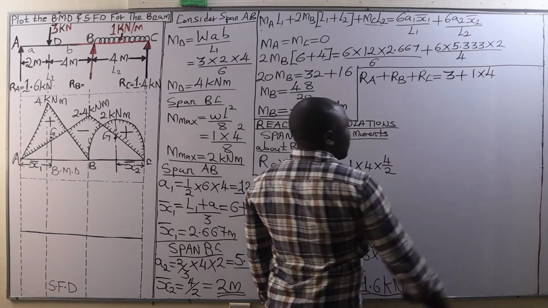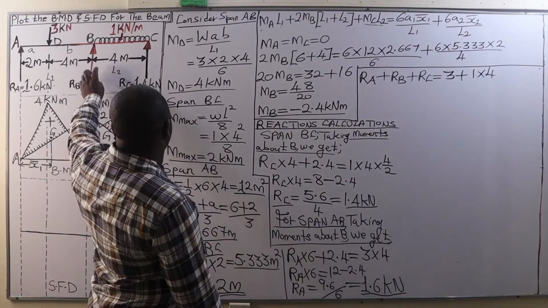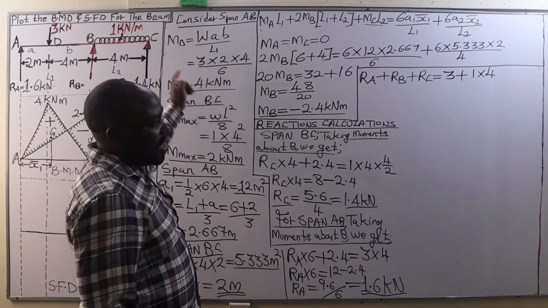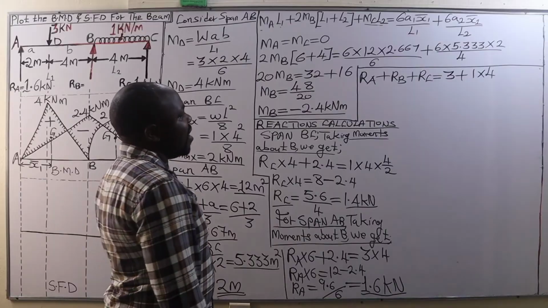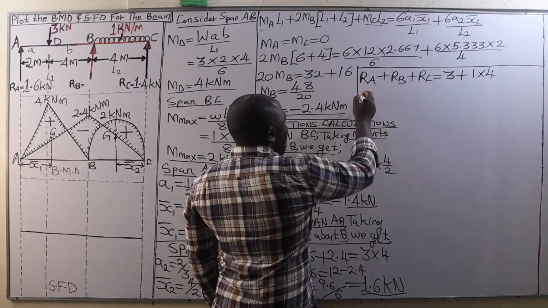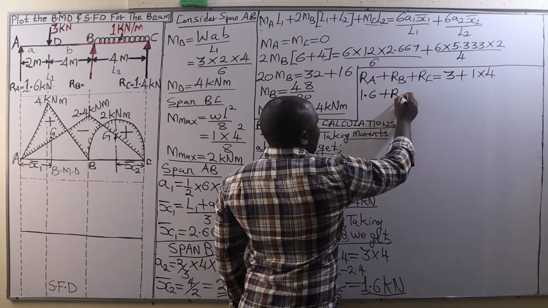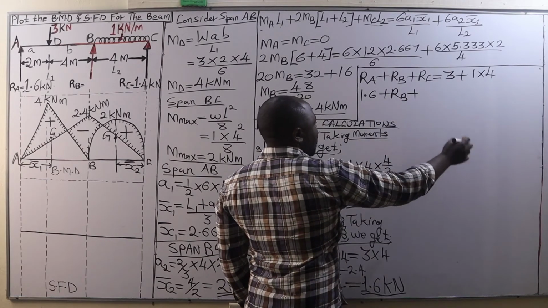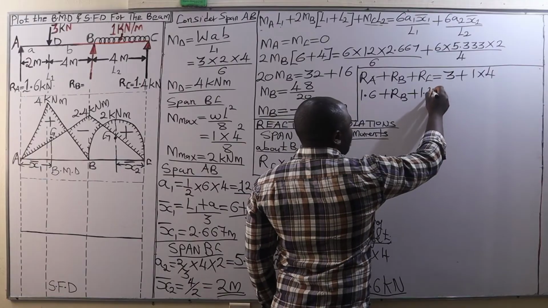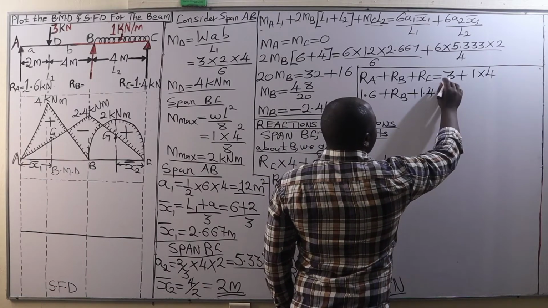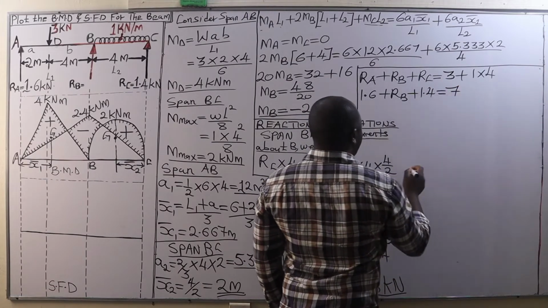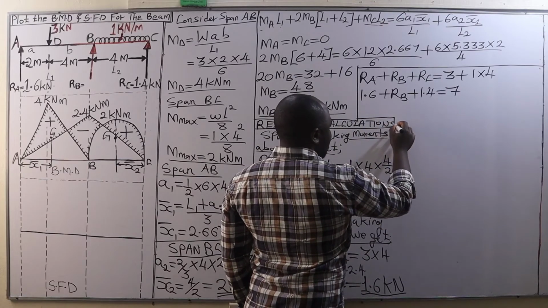Then we convert it to a point load, that is by multiplying it with the span by which it is distributed. So RA, we have got it as 1.6 kilonewtons. RB, we don't know it yet. RC is 1.4 kilonewtons, is equal to 3 plus 4, which is 7 kilonewtons.